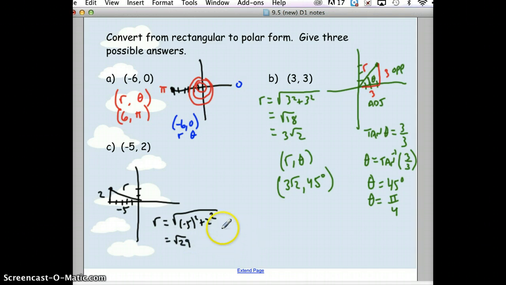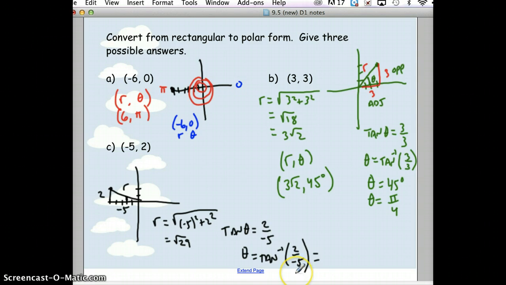And then to get the angle, I could do tangent of theta equals opposite over adjacent, and then do inverse tangent of opposite over adjacent, and type that in and get the angle.